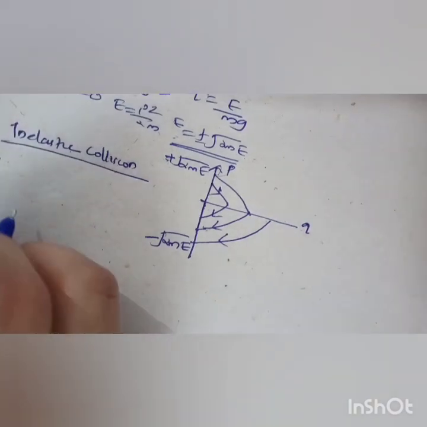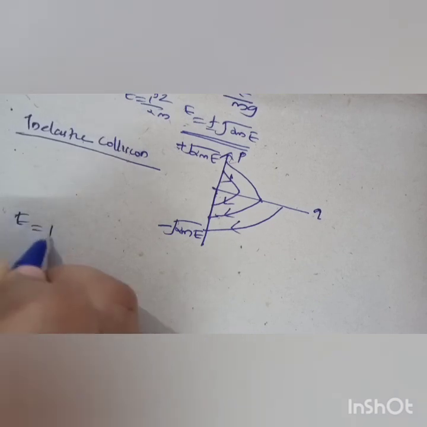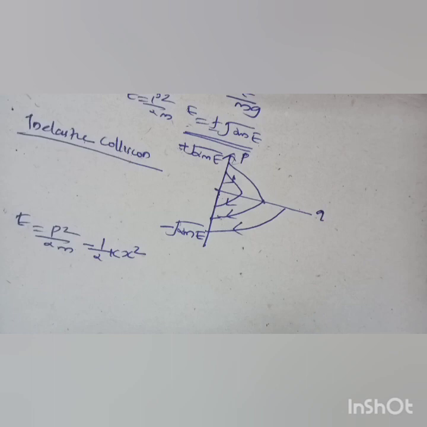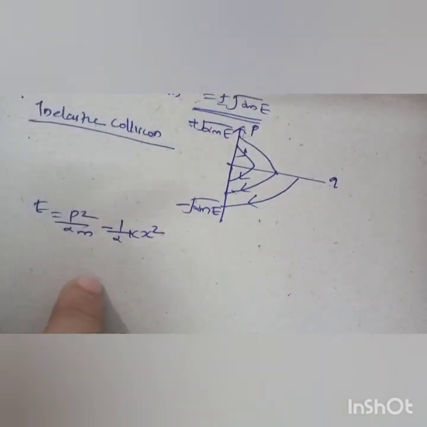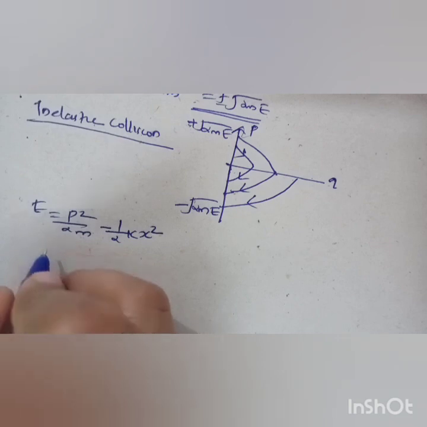Next we have to consider the phase space diagram of a particle with energy E equal to p square by 2m minus half kx square. So this is the energy, and we have to find the position and the momentum points.